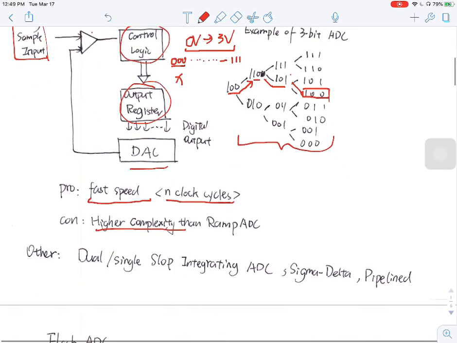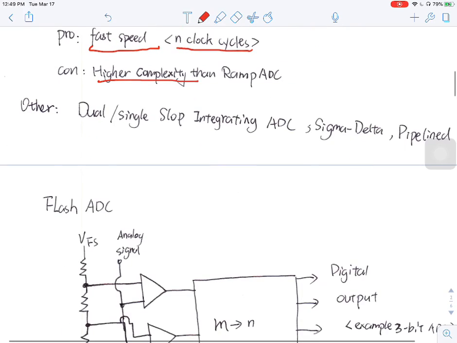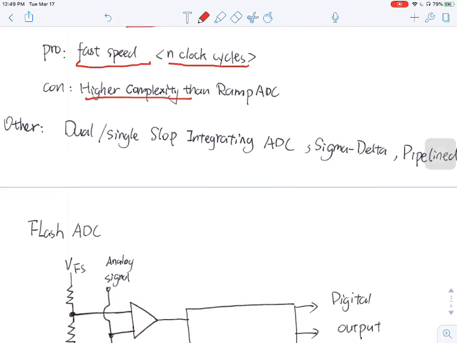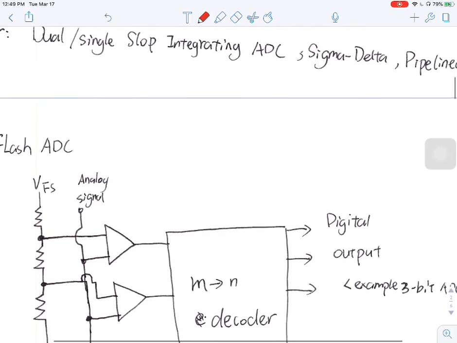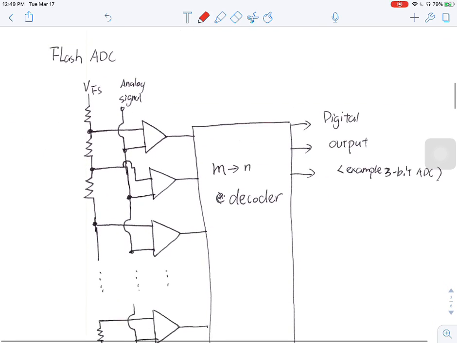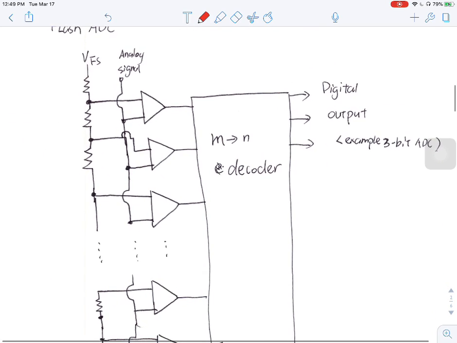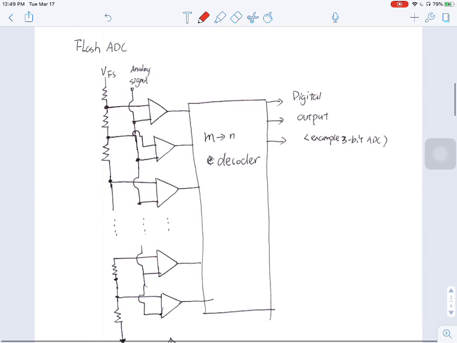All right, next we have another very popular ADC, which is called flash ADC. Just like the name suggests, it's very fast. The circuit of this flash ADC looks like this.